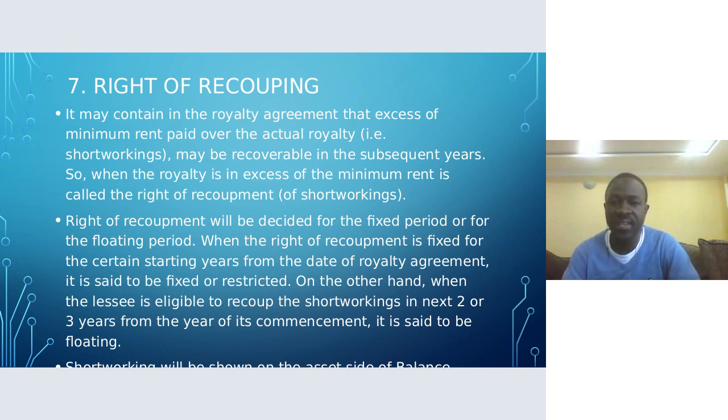On the other hand, when the lessee is eligible to recoup the short workings, maybe in the next 2 or 3 years from the years of its commencement, then it is said to be floating.